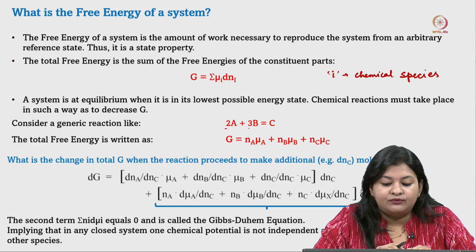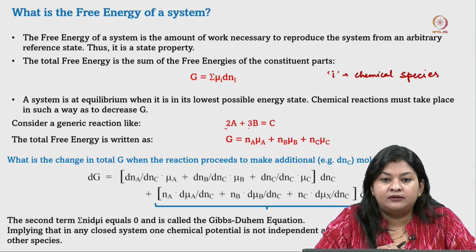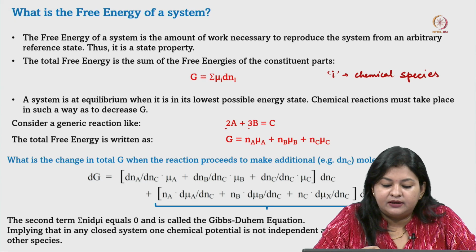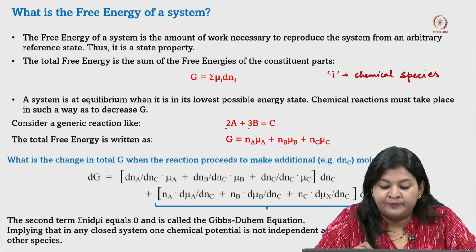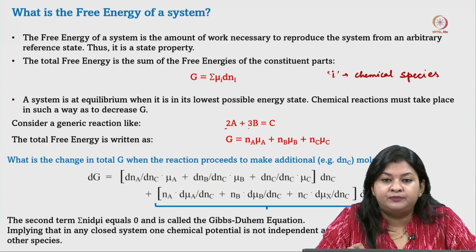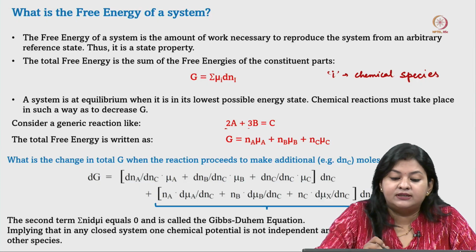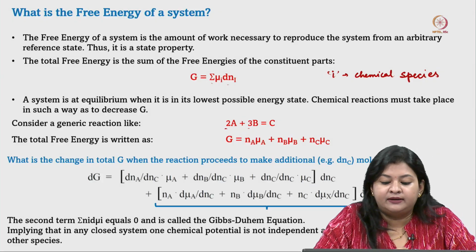Then how will the total energy be written? It will be written as G is equal to number of moles of A into the chemical potential of A, plus the number of moles of B into the chemical potential of B, plus the number of moles of C into the chemical potential of C, because it is a summation of mu i into dNi.